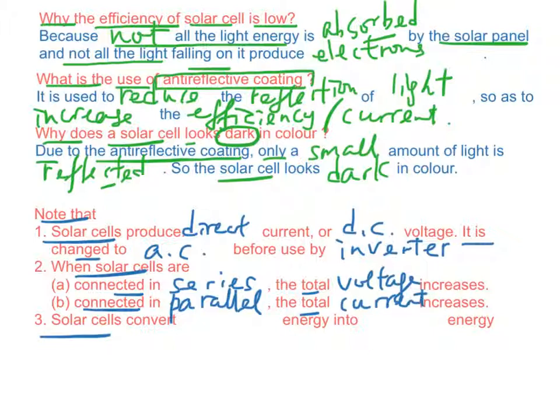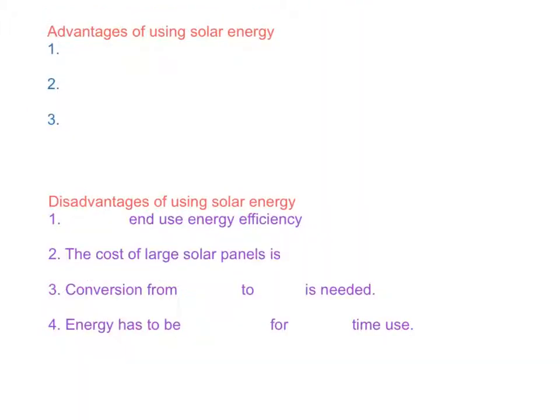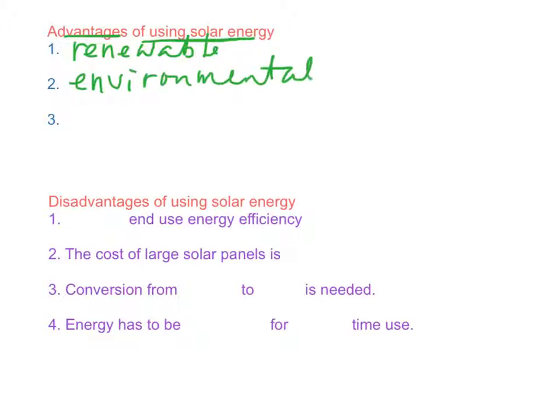The solar cell converts solar energy into electrical energy. The advantage of using solar cells is renewable energy. It is environmentally friendly and an unlimited supply.